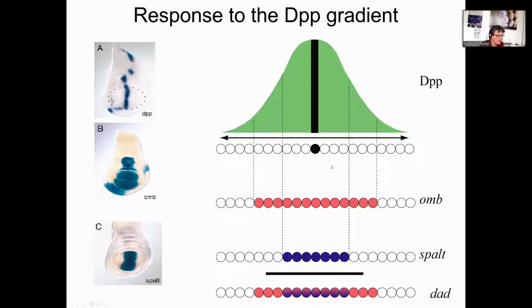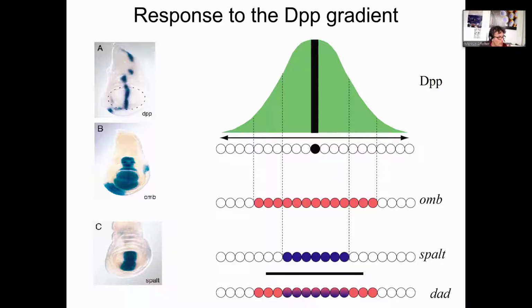So this is a gene that is only expressed at high levels of DPP, if it's regulated by DPP. And OMB is much broader expressed than SPALT. So OMB would be down here somewhere, responding to lower levels. It is known that OMB and SPALT determine these vein positions, vein 2 and vein 5. So they were very good candidates for the genes that respond differently to different levels of DPP.